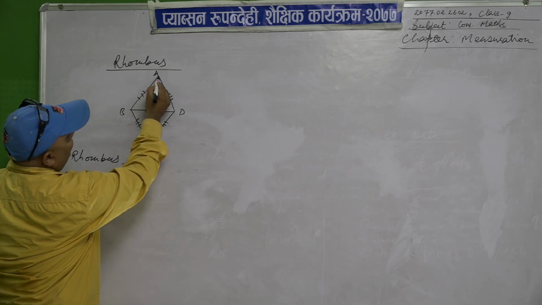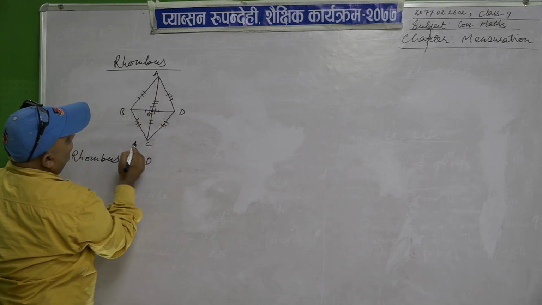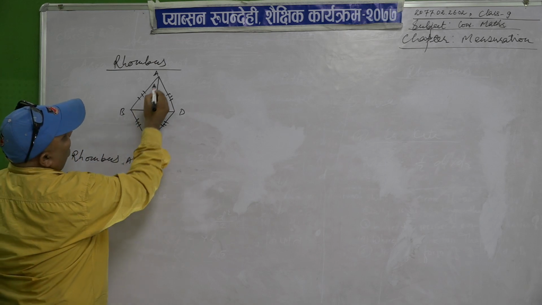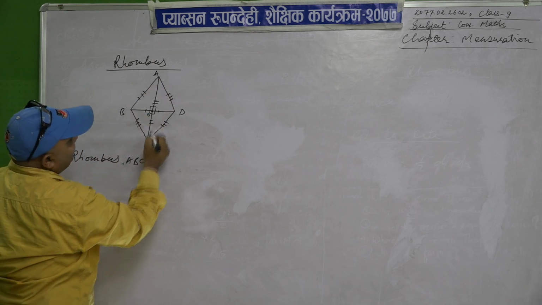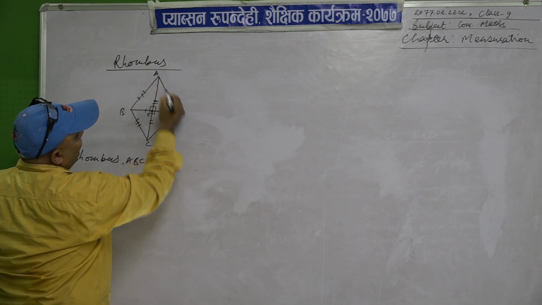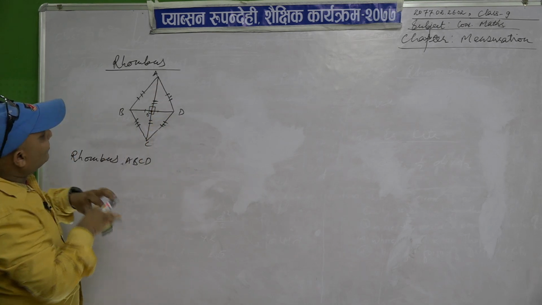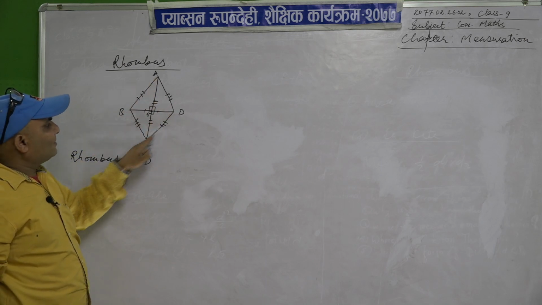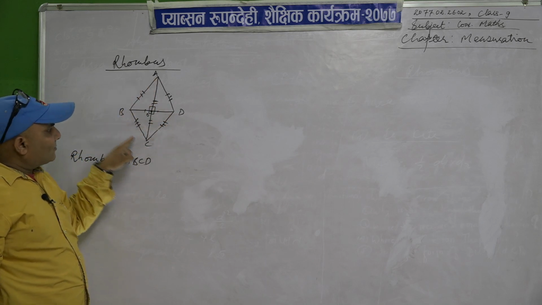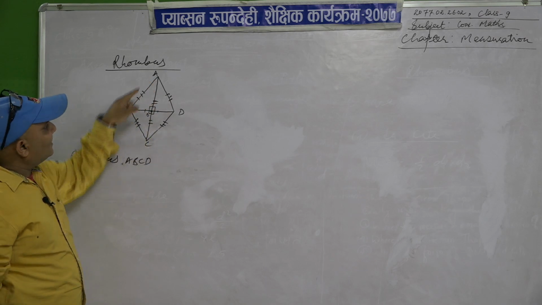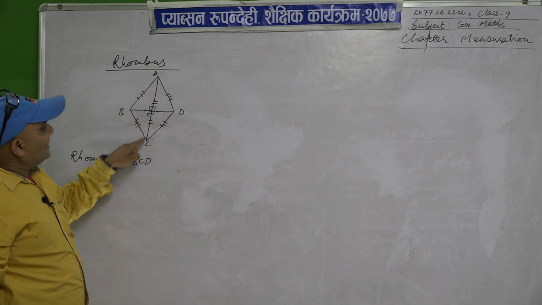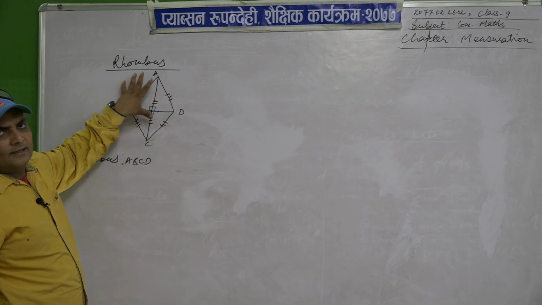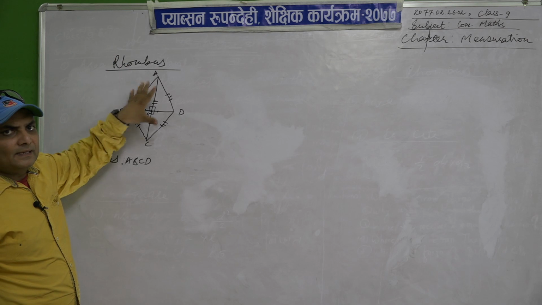Either we get triangle ABD and triangle BCD, or triangle ABC and triangle ADC. If we add triangle ABD and triangle BCD, we will get rhombus ABCD. Similarly, if we add triangle ABC and triangle ADC, again we will get rhombus ABCD.